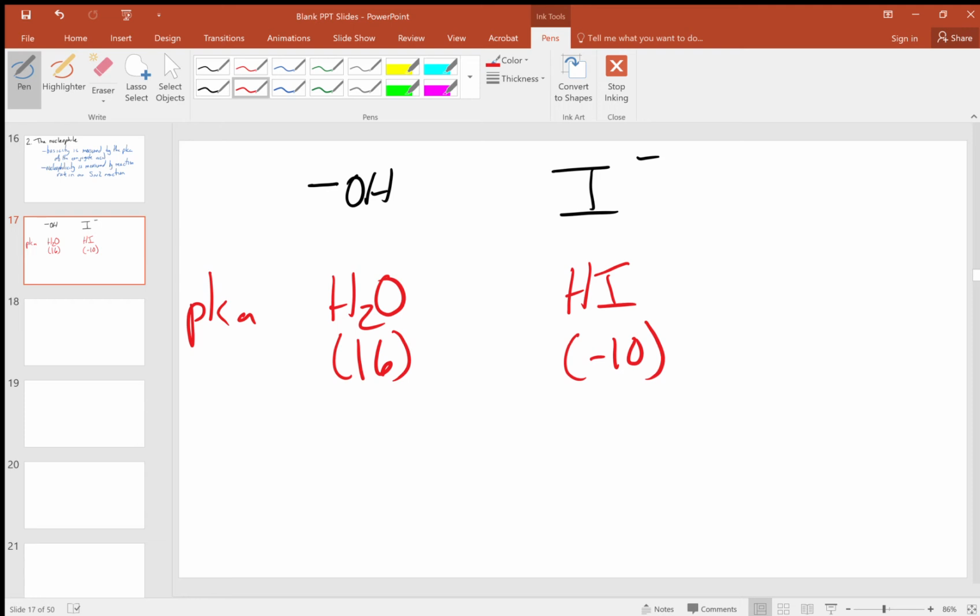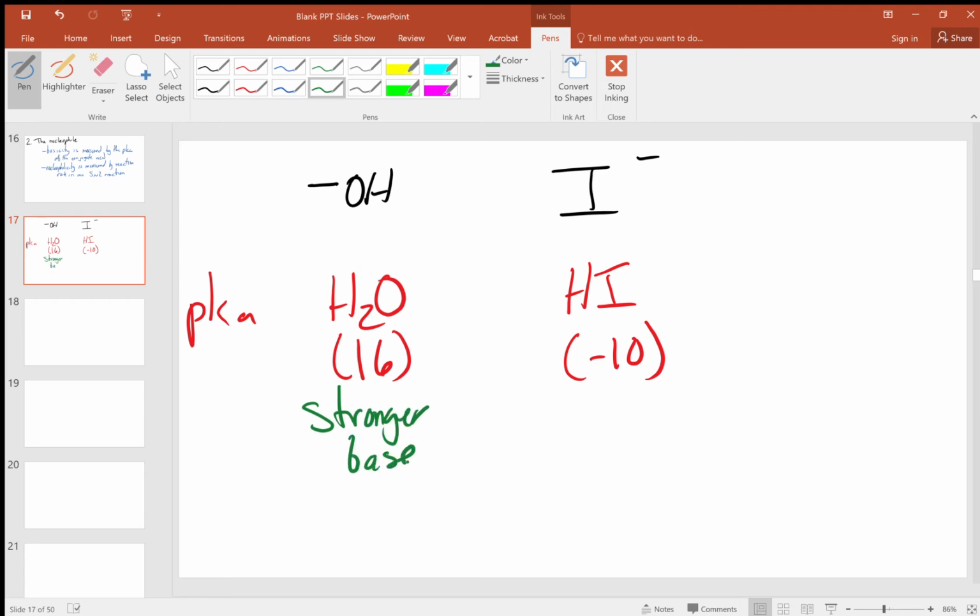Given that HI is a stronger acid, and by quite a bit, that tells us that the conjugate base of HI, I-, is a weaker base. So if we're comparing base strength for hydroxide and iodide, hydroxide is the stronger base.